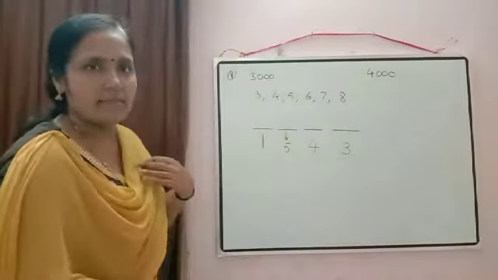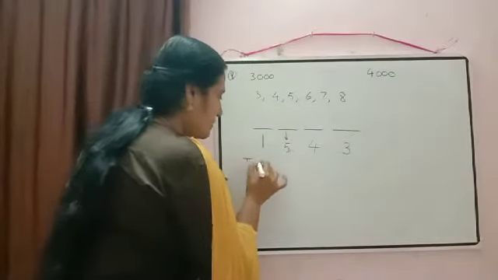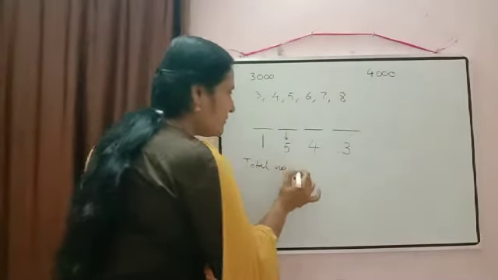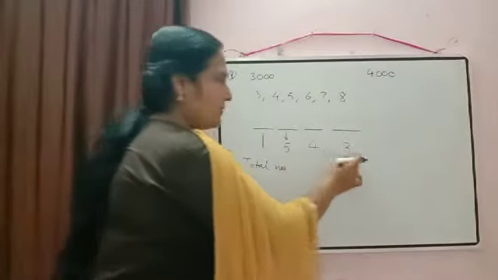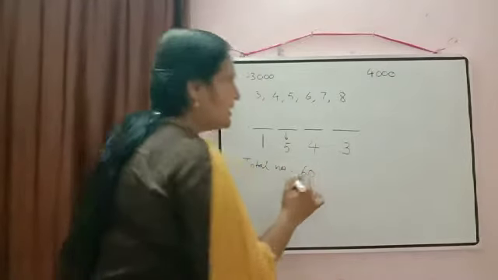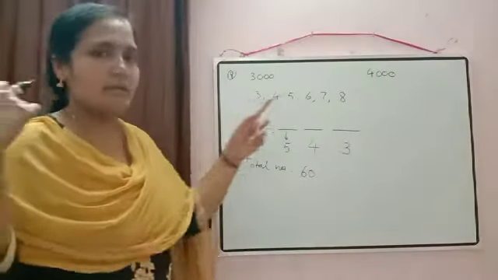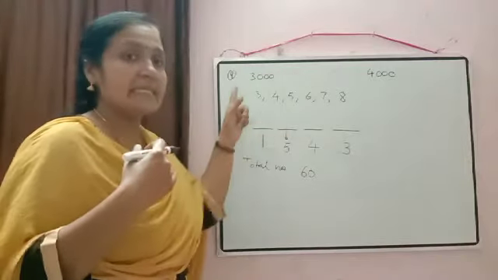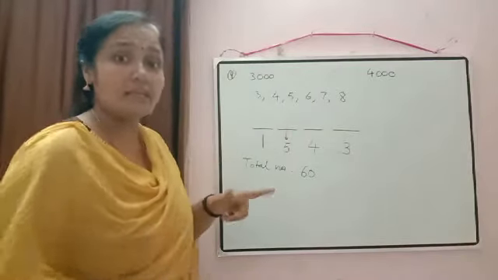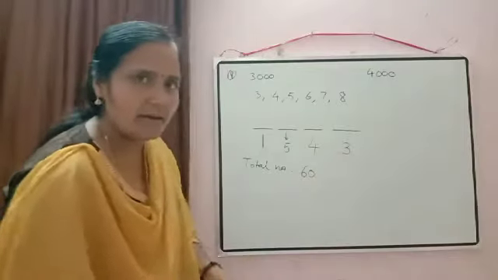So total numbers will be equal to 5 4s are 20, 20 into 3, 60, between 3000 and 4000 using these digits when repetition is not allowed. Clear? Okay.